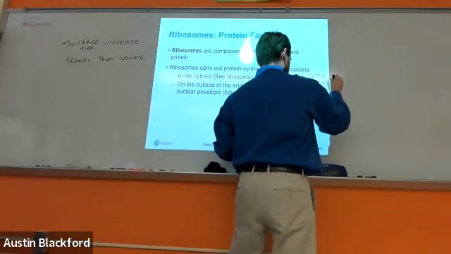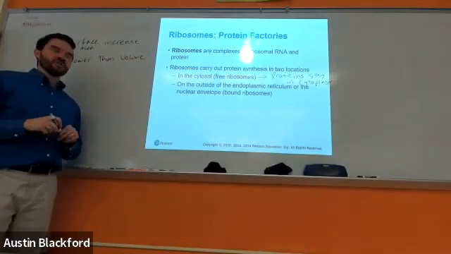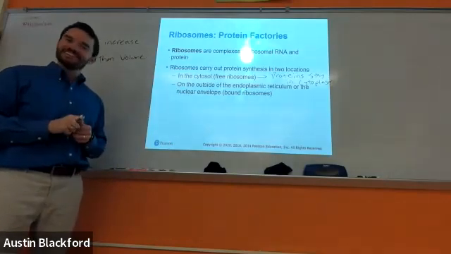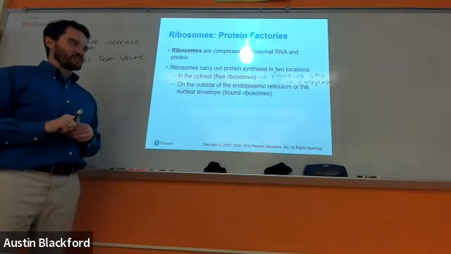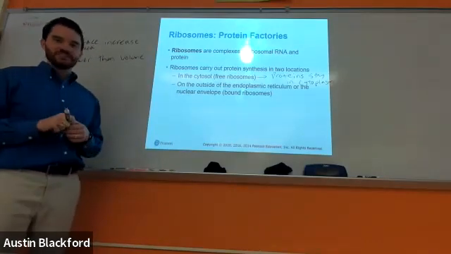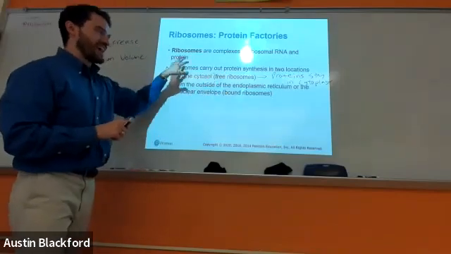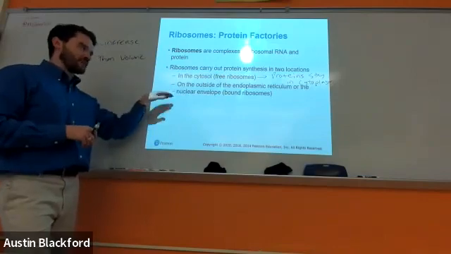If I grow peaches, it wouldn't make sense for me to travel to New Zealand to sell my peaches. People in New Zealand are probably going to buy peaches from people in New Zealand, assuming they can grow peaches there. The point is, the free ribosomes hanging around in the cytoplasm make proteins that stay in the cytoplasm.